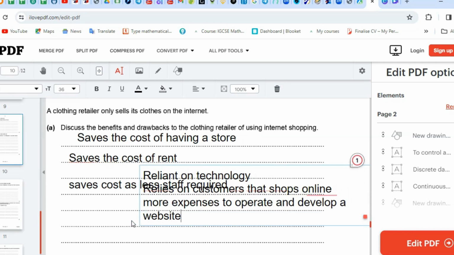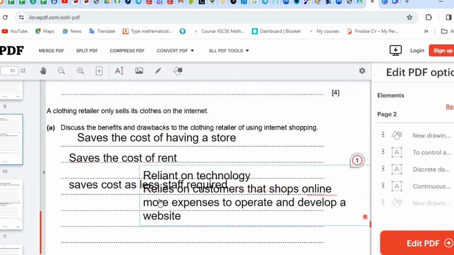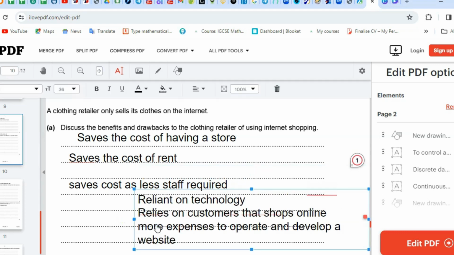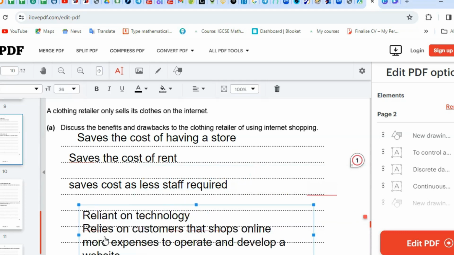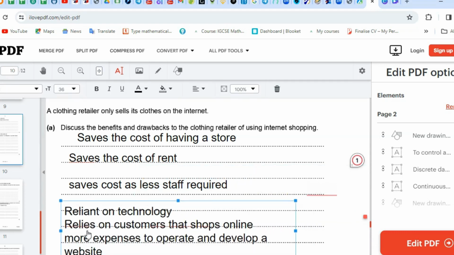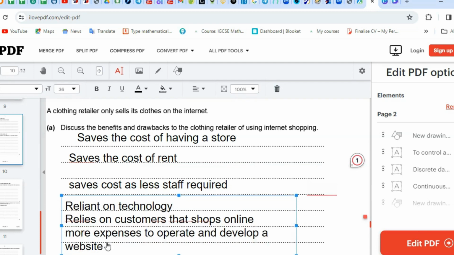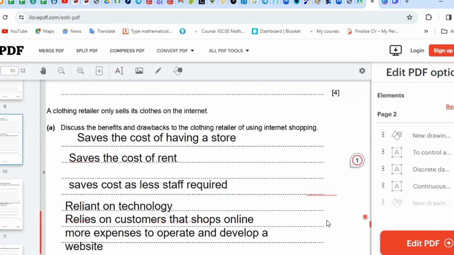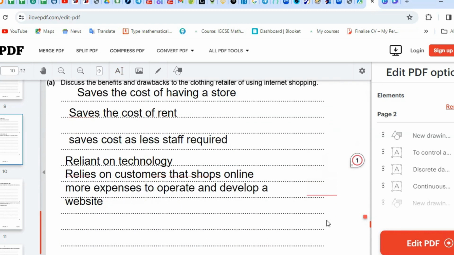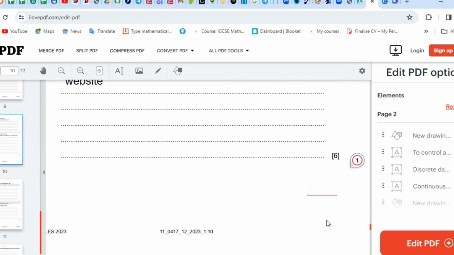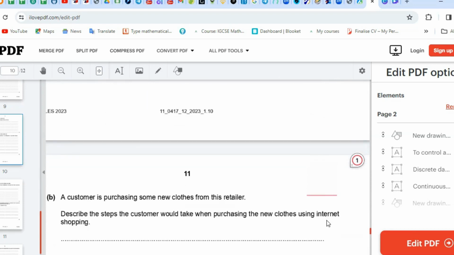So those are the drawbacks of a retailer selling online. Do we get it? All right. So you have your 6 marks, 3 and 3.